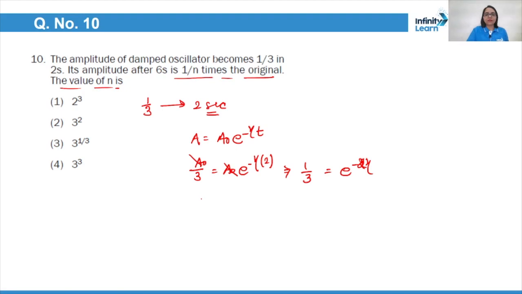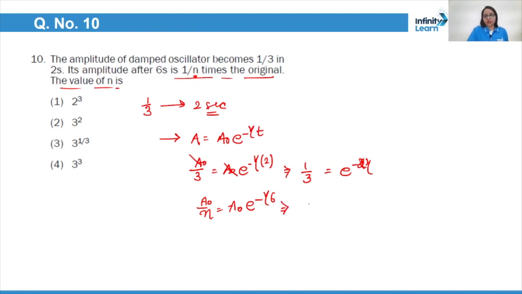So we have 1 by 3 is equal to e power minus 2 gamma. Right? Now we need to find the value of n if the amplitude becomes 1 by n times the previous one in 6 seconds. So for 6 seconds you can apply the same equation. It will be A naught upon n is equal to A naught e power minus gamma into 6.